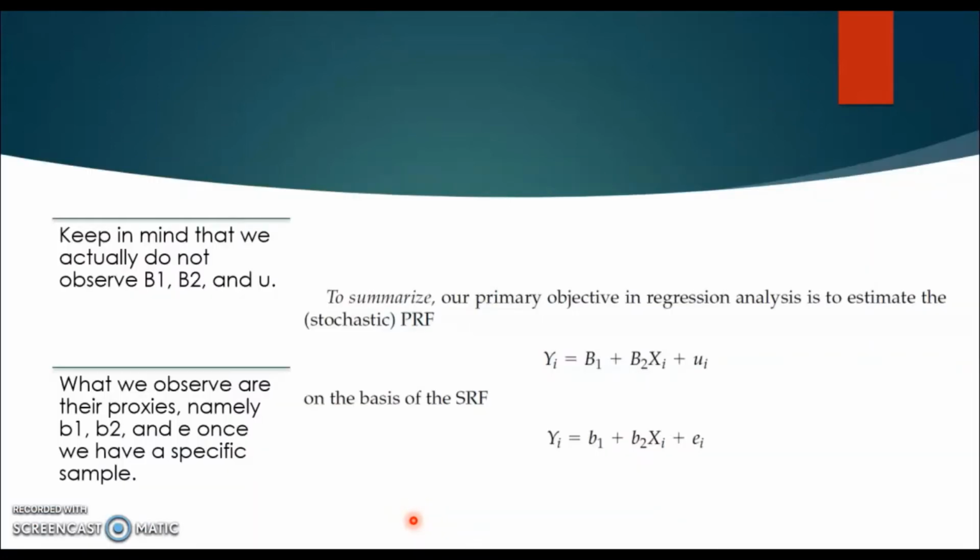We need to keep in mind that based on the sample regression function, we are not actually observing beta 1, beta 2, as well as the error term. What we observe in the sample regression function are the proxies of beta 1, beta 2, and the error term.